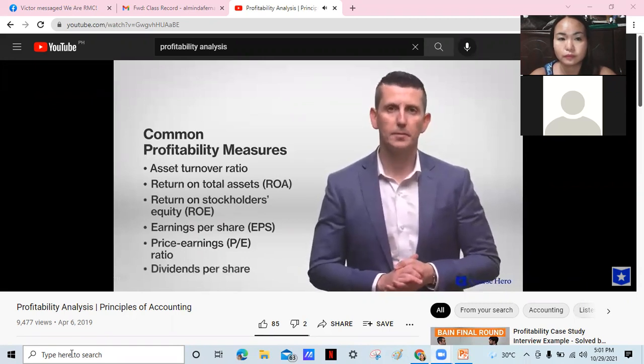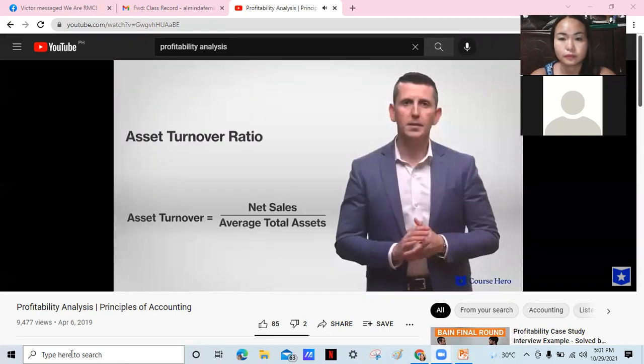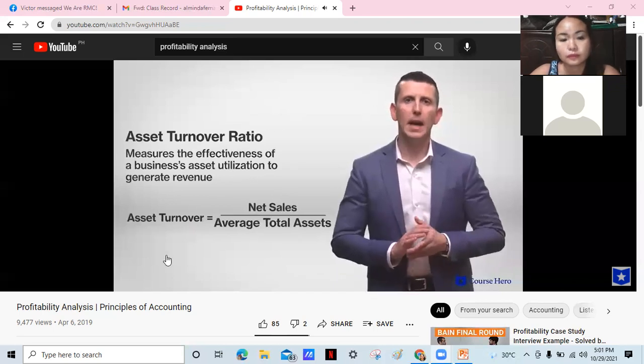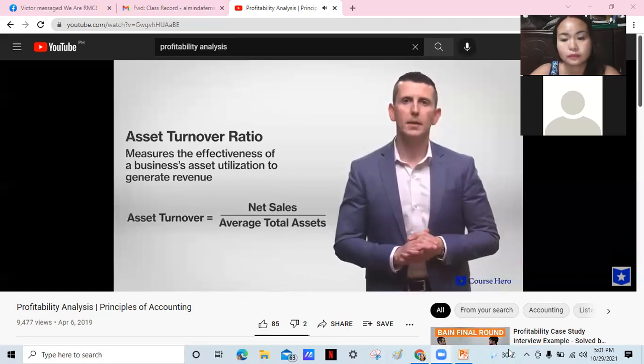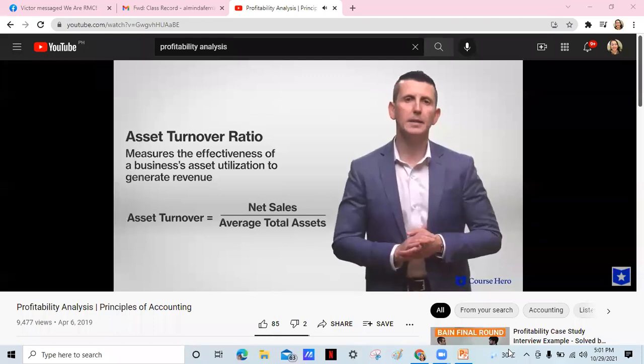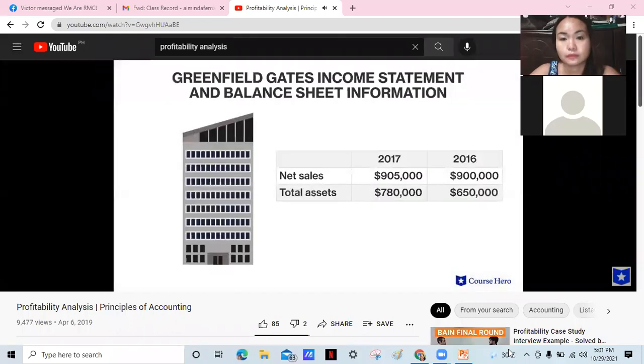The asset turnover ratio can be computed by dividing net sales by the average total assets. The average total assets can be computed by adding total assets for a 2-year period and dividing that by 2. For example, Greenfield Gates Company has net sales of $905,000 in 2017.